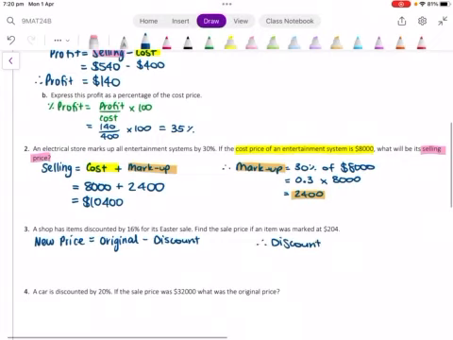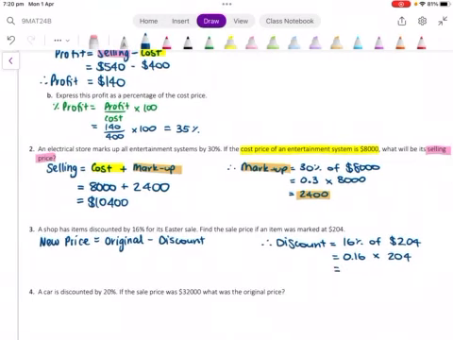So the discount is 16% of our $204. So again, change this 16% to a decimal or a fraction. So 0.16 times 204 is equal to $32.64. I'm just going to double check that. Perfect.